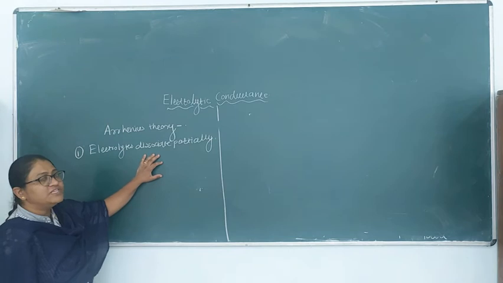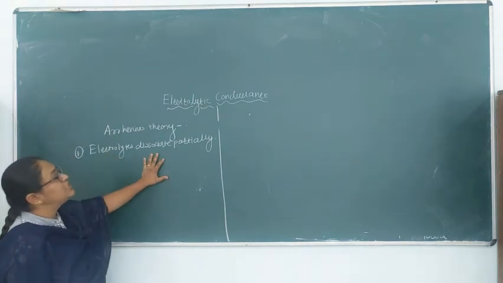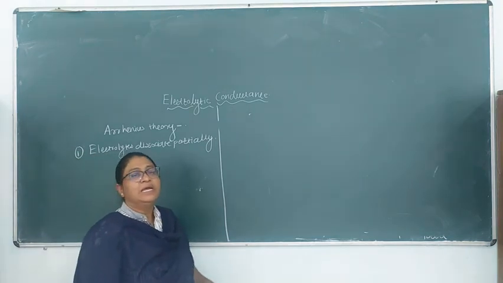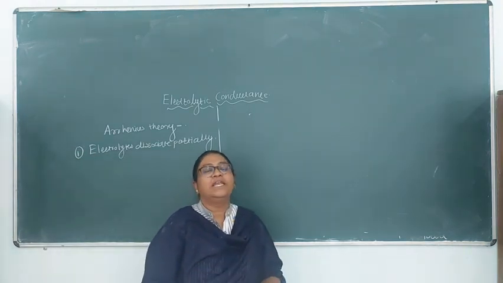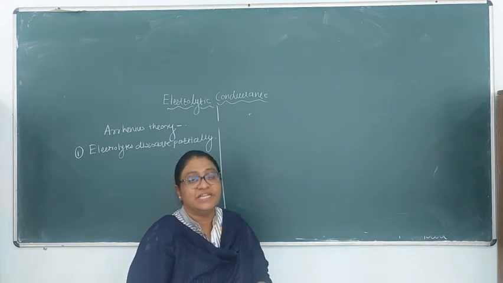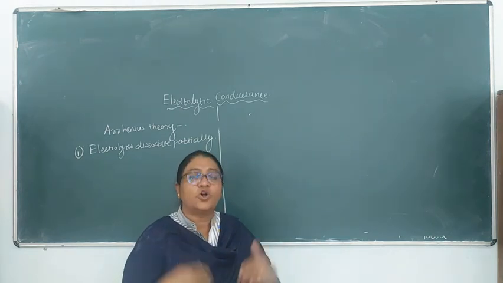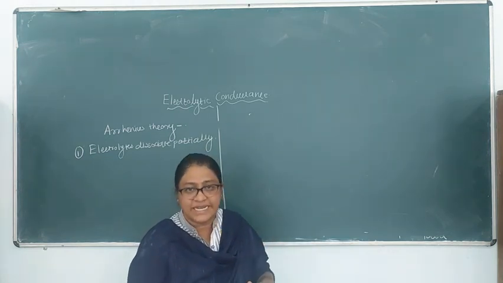So the drawbacks of this theory were, the first assumption that the electrolyte dissociates partially. The strong electrolytes, we know that they don't dissociate partially. They dissociate almost completely, even in a solid state or even in a molten state.